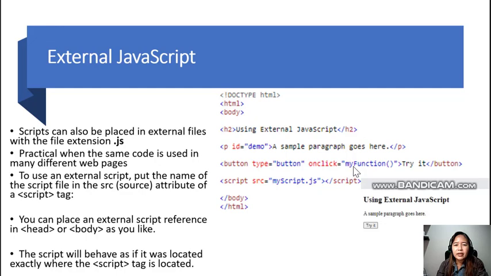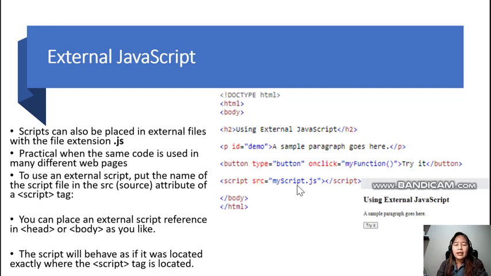So what happens here is that my function is a function that is triggered when you click try it. But as you can see, you could nowhere find my function within this HTML file, because that function is inside or can be found in a separate external file inside my script.js.